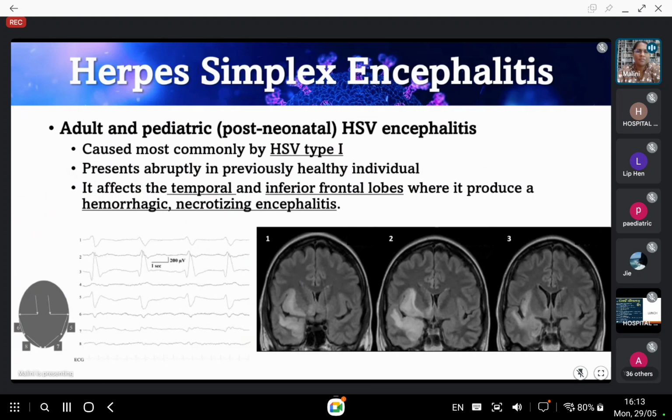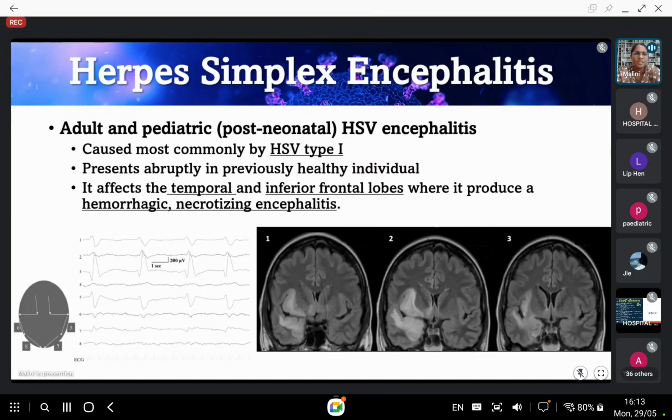So herpes encephalitis is commonly caused by HSV type 1, and it presents abruptly in a previously healthy individual. It presents with classical symptoms of encephalitis: fever, seizures, lethargy, decreased conscious level.